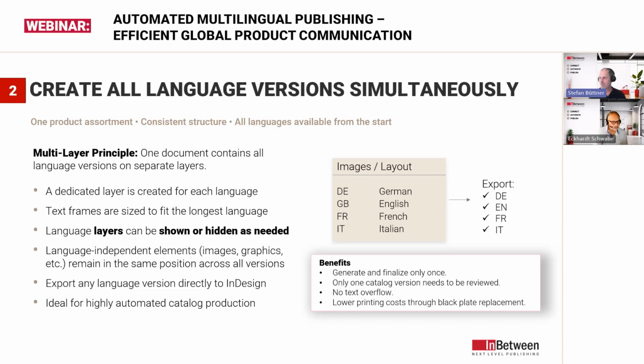There are languages like Portuguese or Spanish or even Finnish. Normally they're much longer. And so the text frame height is calculated from the longest translation text. Of course, language-independent elements remain in the same position across all versions. So here also, in that process, you can save costs during the printing process. This approach is also ideal for highly automated catalog production.